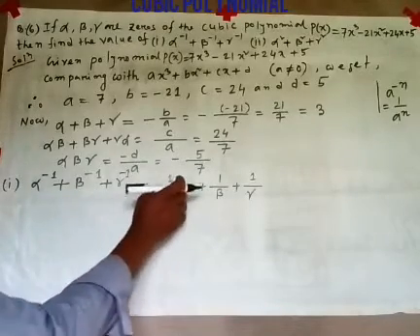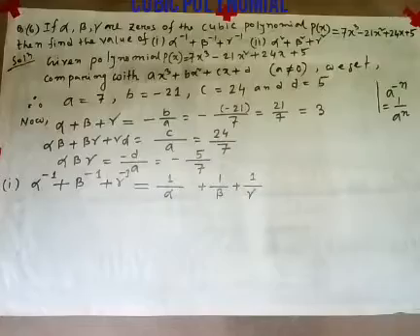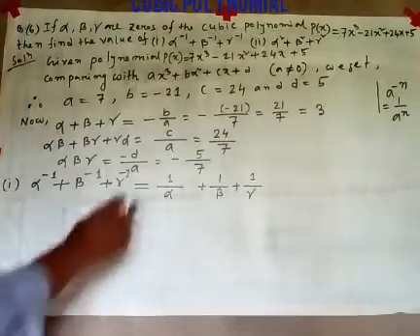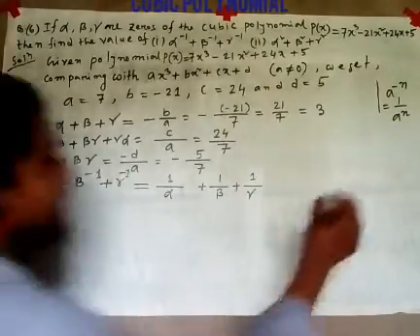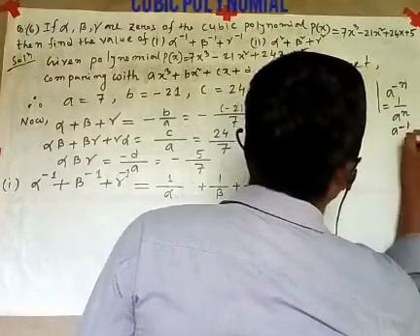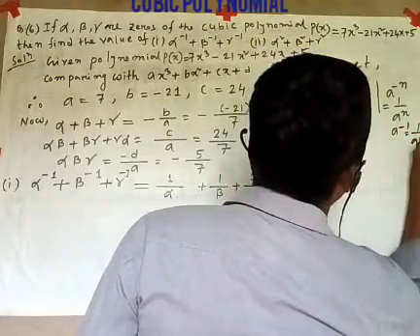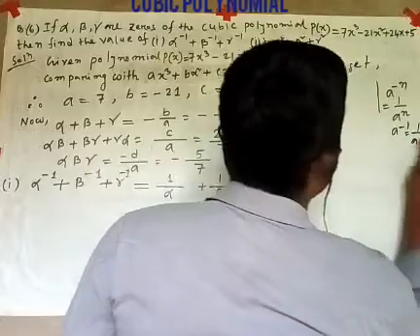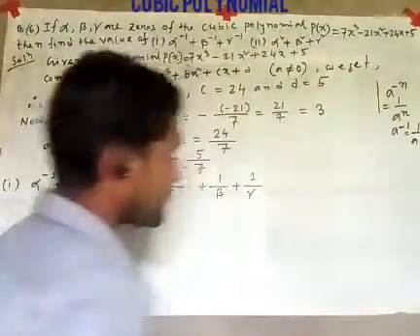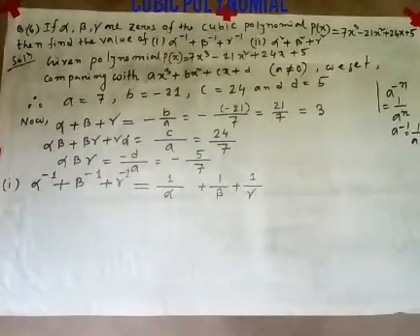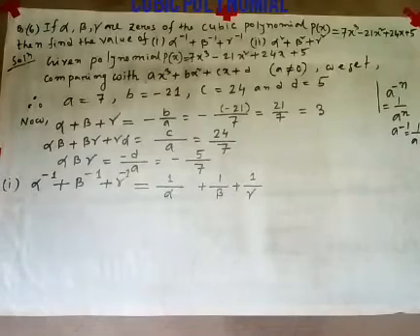The power 1 we need not write. That's why 1 by alpha. Simply the formula is a to the power minus 1 equals 1 by a. So this is the expression that comes.